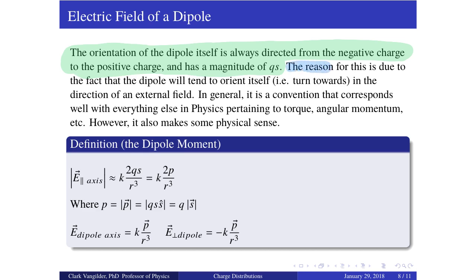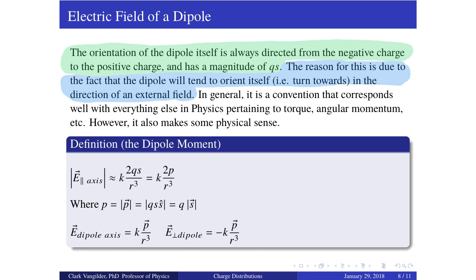The reason for this is the fact that the dipole will tend to orient itself, be torqued, if you will, in the direction of an external field. So guess what? The positive charge is directed along the electric field. So that's why we have it go from the minus to the plus. We're forcing that pointing towards the plus end.